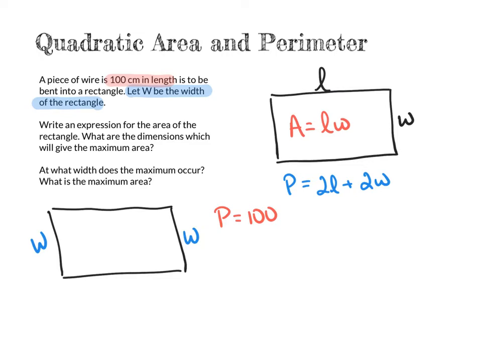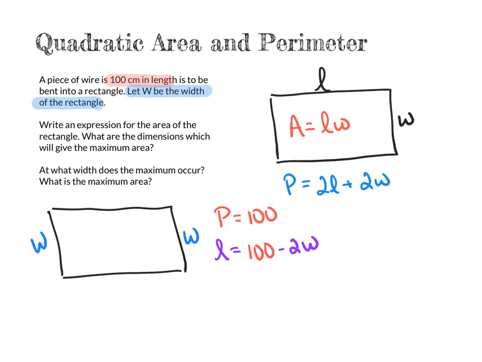And that means that the length then, in terms of W, I'll show you what I mean. The length is equal to, take what you have, your 100, and you're going to take away from that 2W. And that's how much you have for the length on both sides.